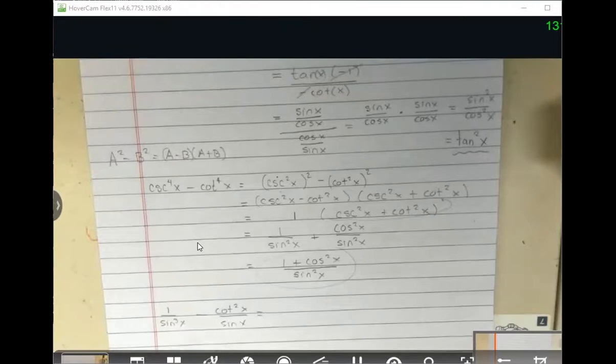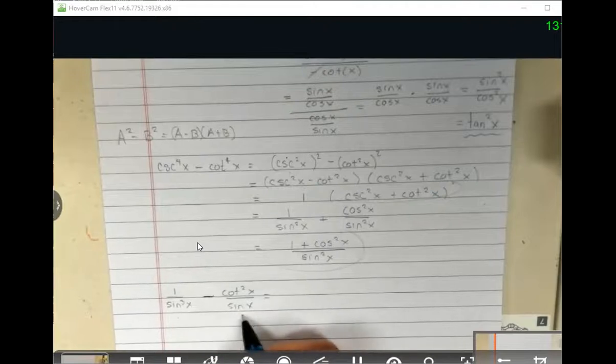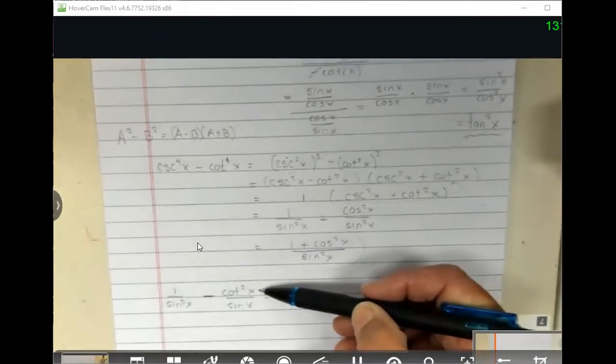The third one involves subtracting two fractions. And I can only subtract fractions if they have a common denominator. So let's see, what I'm going to do to get that common denominator is replace that cotangent squared with cosine squared over sine squared.